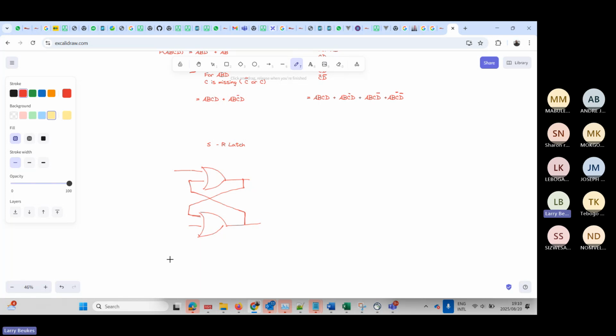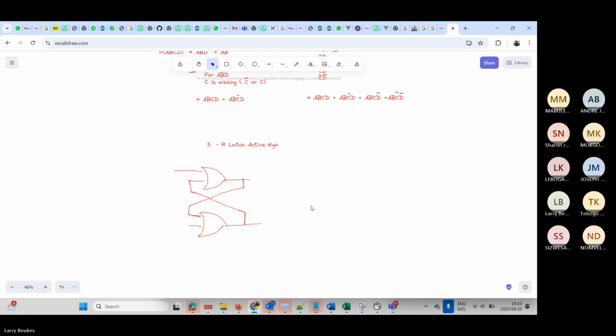So now this one is actually called an active high, right? Active high.